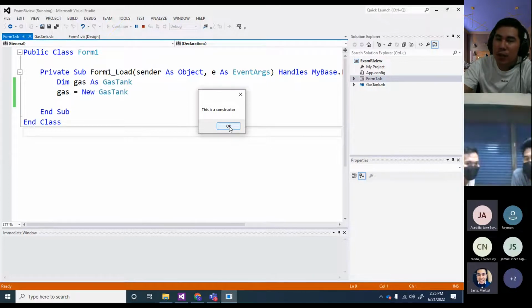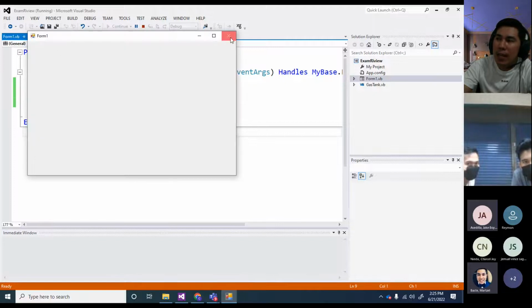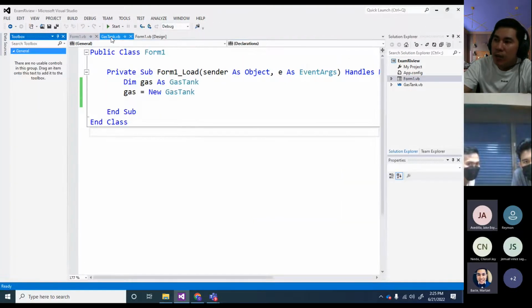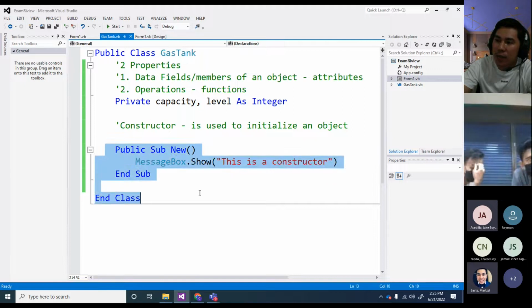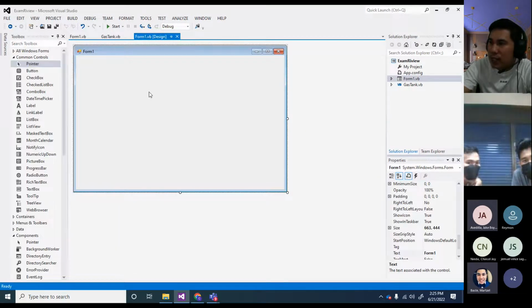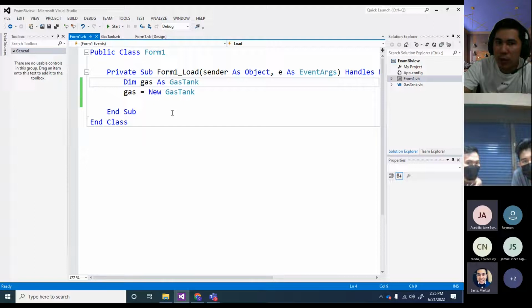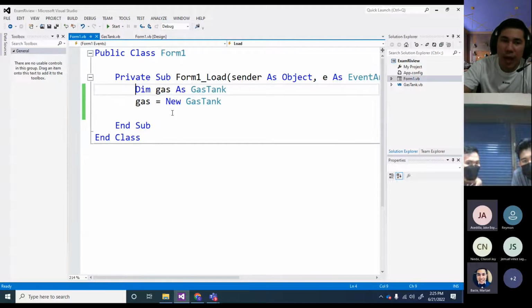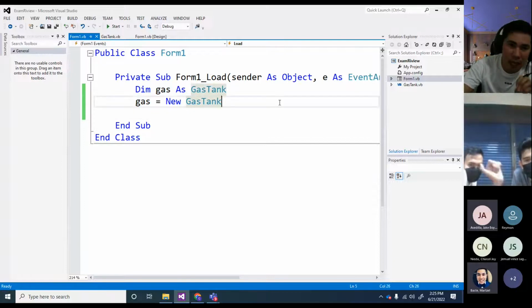Regardless if you call it or not, automatic na siya tawagon basta makakita siya og new keyword diha sa imong program. So did you see that I call the new keyword there? Wala. Okay? Whenever I create a new object for my gas tank, for my class being encapsulated, automatic na siyang tawagon or i-call.